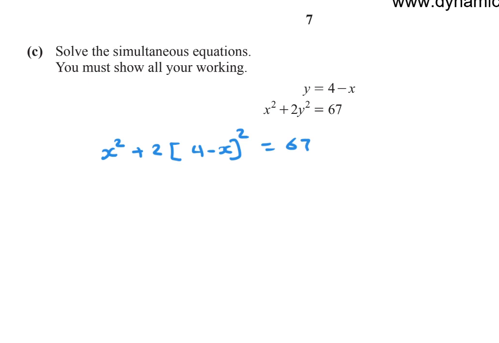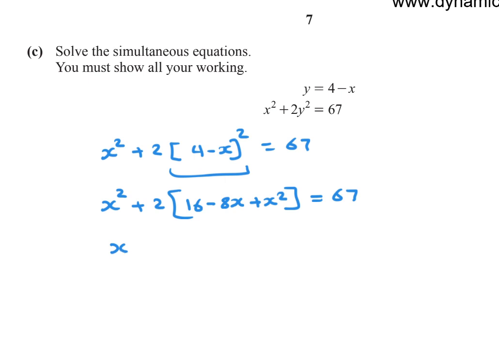equals 67. Now expand (4 minus x) all squared, so you are left with x squared plus 2 bracket 4 times 4 is 16, negative x times negative x positive x squared, 2 times 4 is 8, 8 times negative x negative 8x, equals 67.